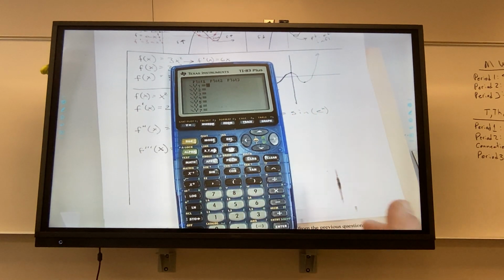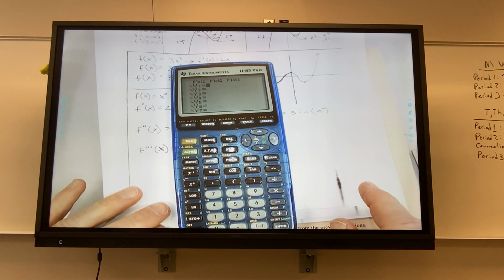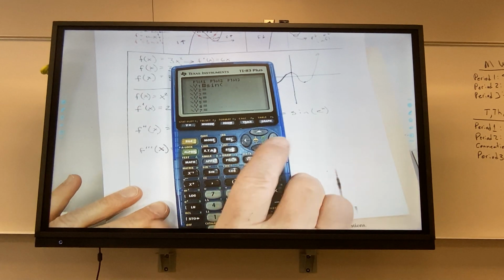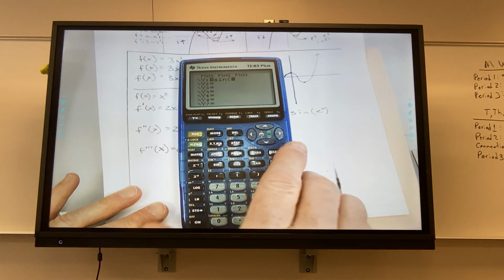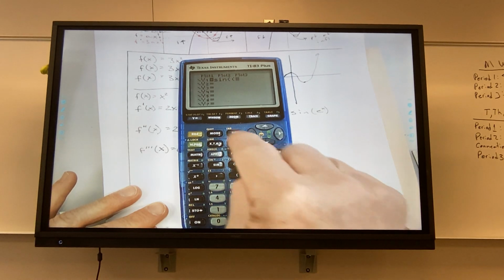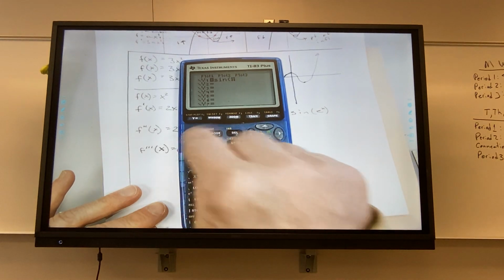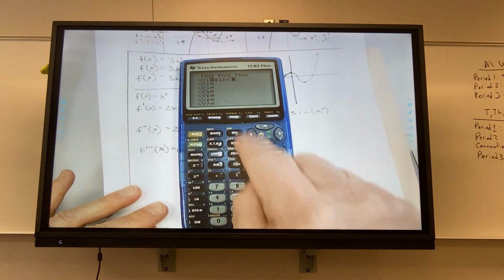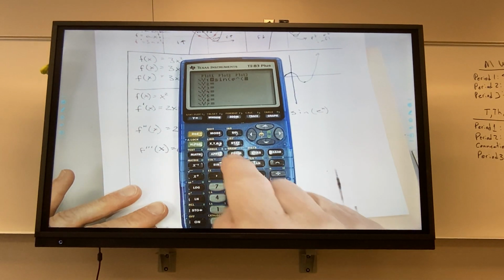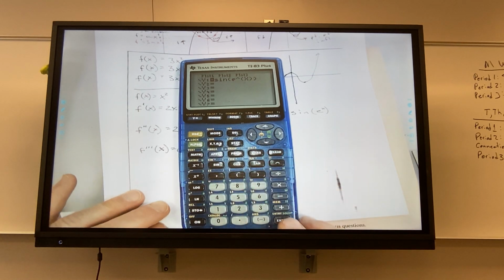You guys know that, right? They gotta be clear on top, otherwise stuff gets really crazy. And I'm gonna type in sine, e to the x, where is it? Oh, second ln, x, parenthesis, parenthesis.